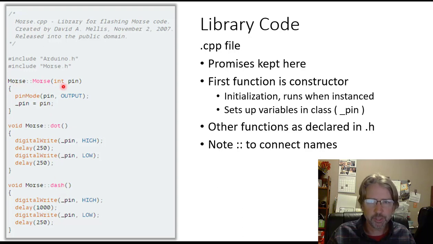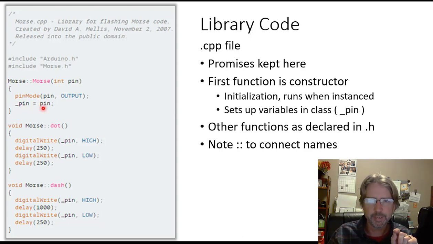The constructor is where we're connecting the library instance, where we say we want a version of Morse that's connected to pin 13. And so we've passed 13 in as pin. That's a local variable because it's an input to this function. And _pin was a variable in the header file.